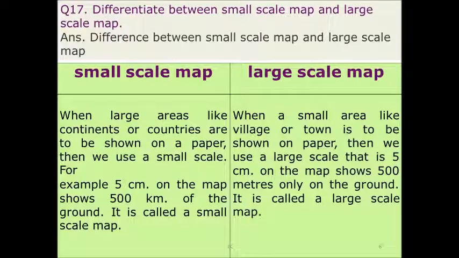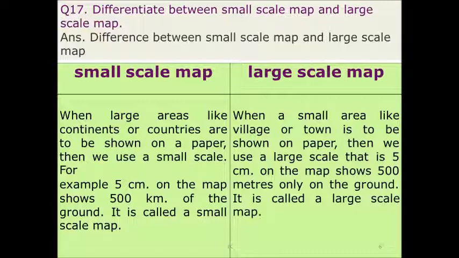Differentiate between small scale map and large scale map. In a small scale map, when large areas like continents or countries are to be shown on a paper, then we use a small scale. For example, 5 centimeter on the map shows 500 kilometer of the ground.